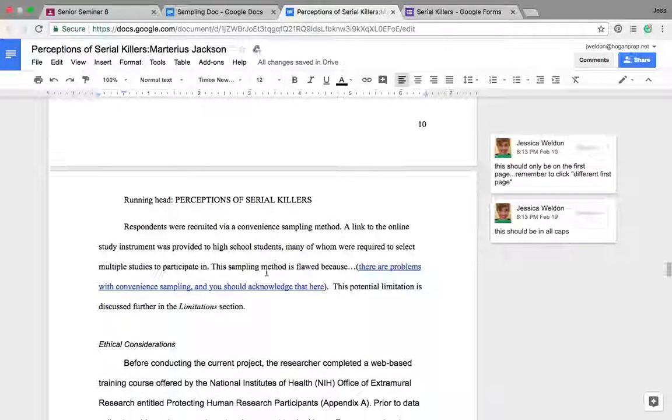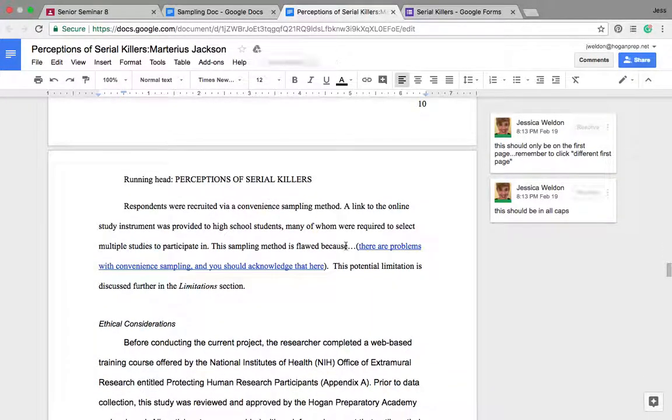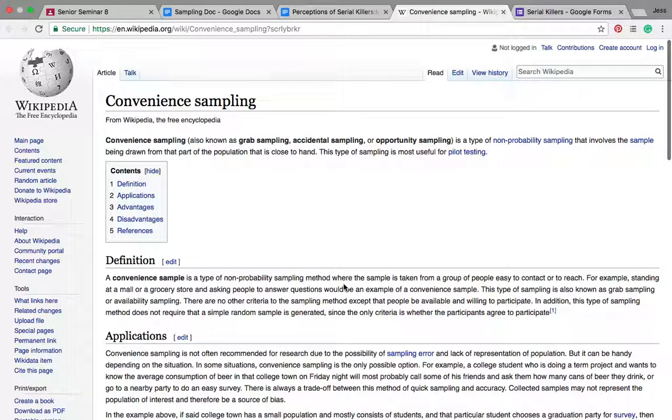Okay. This sampling method is flawed because now you have to answer the question of why the sampling method is flawed in a statement by finishing this sentence and perhaps adding another one. I've included a link to the Wikipedia article for convenient sampling for a couple of reasons. One, you have to read this and figure out what the flaws with convenient sampling are.